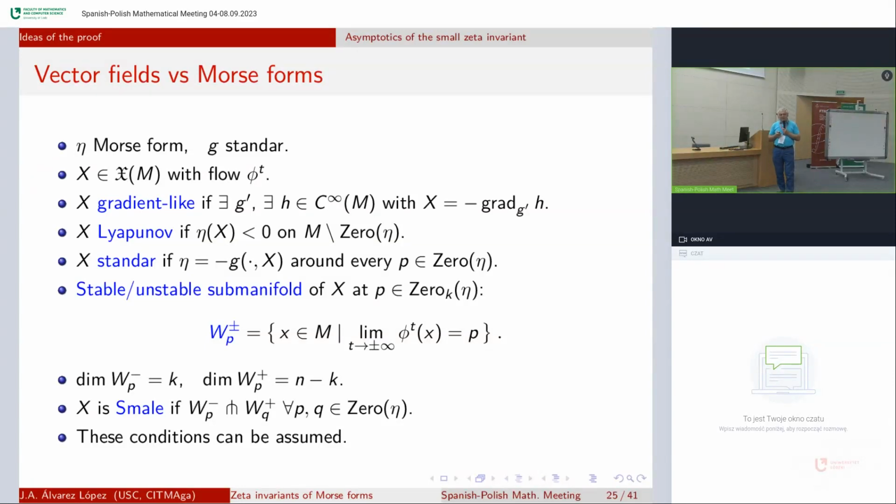And the dimension of these submanifolds are the degree in the case of the unstable one, and the dimension minus the degree in the case of the stable one. And it is said that the vector field is Smith if the unstable and stable submanifolds are transverse for all pairs of 0 points. And these conditions can be assumed, they are generic. We can always find a vector field and a metric satisfying this.